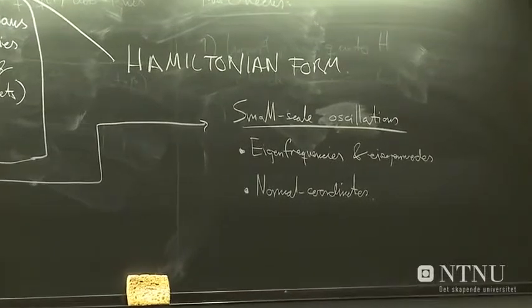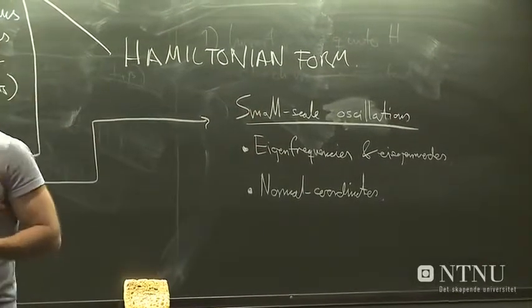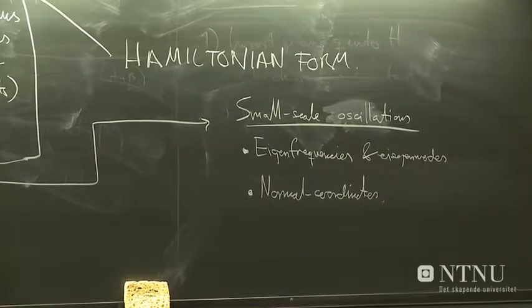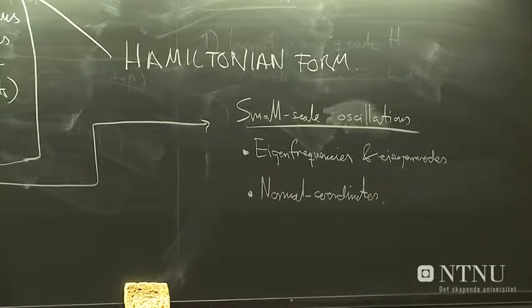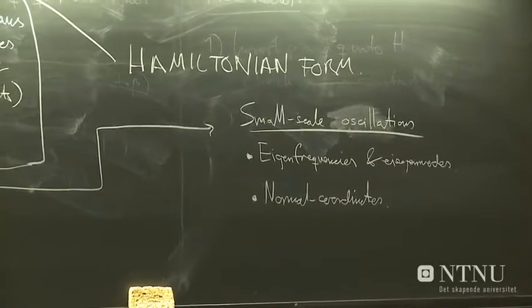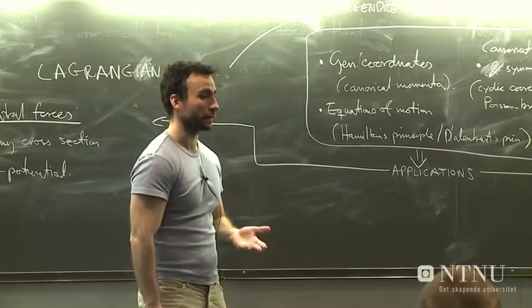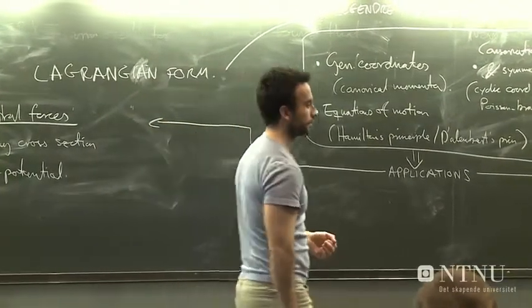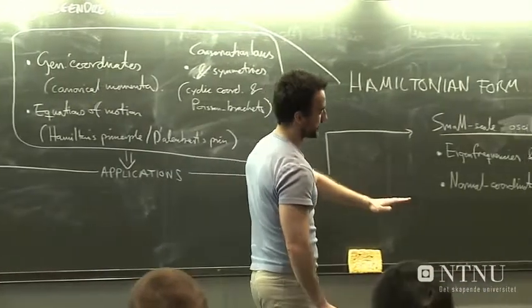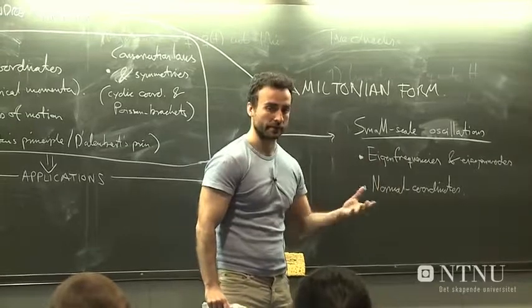One of the main results when we treated this topic here was that we could simplify the problem considerably if we were able to obtain the normal coordinates of the system. Because in a normal coordinates description, we would have a set of uncoupled harmonic oscillator equations of motion. So one should always try to find the normal coordinates of this system where you have coupled oscillations.